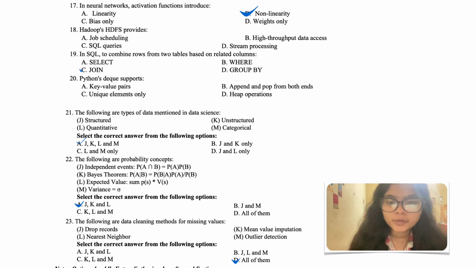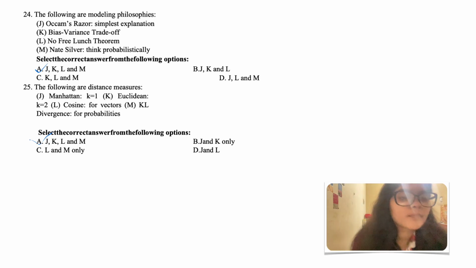Now moving towards the next slide, which is the 24th question. The following are modeling philosophies: Occam's razor, simplest explanation; bias variance trade-off.